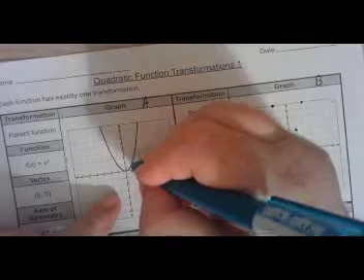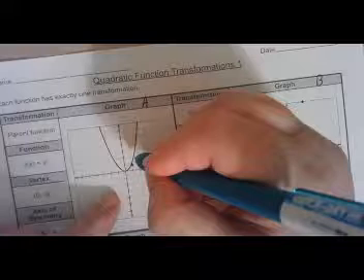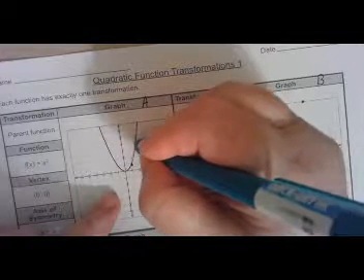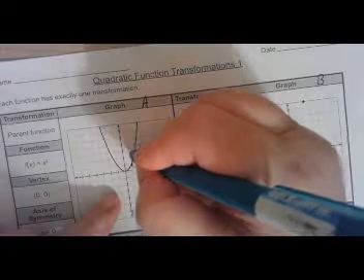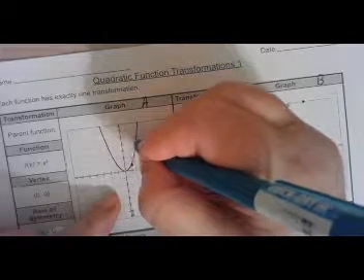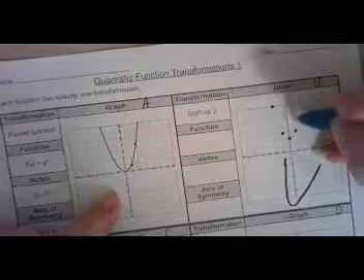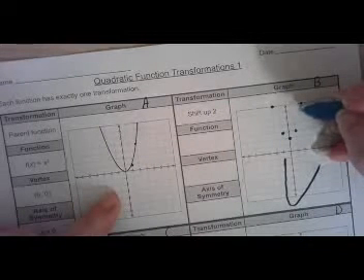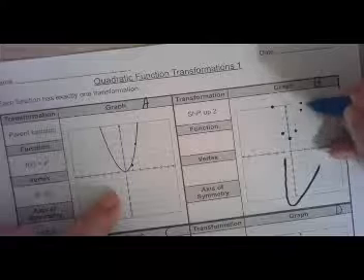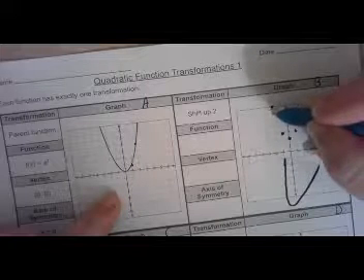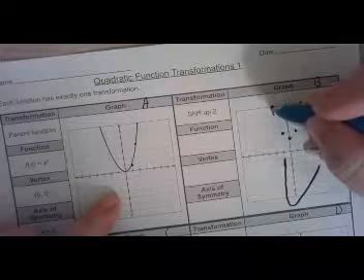Okay, then from the next point, we have to go up 1, 2, 3, and over 1. So I'm going to go from that point, 1, 2, 3, over 1. And then I'm going to use that line to go 1, 2, over 1, and we're just going to connect those points right there.